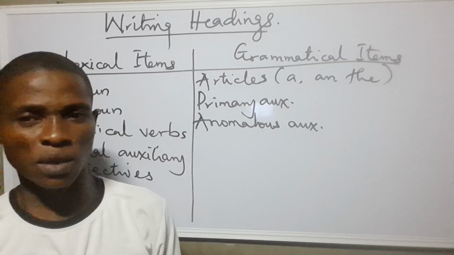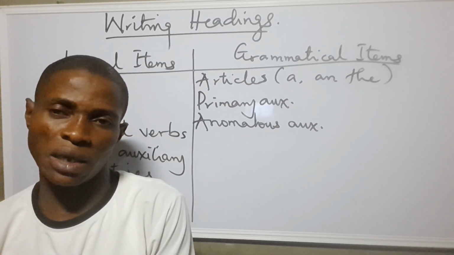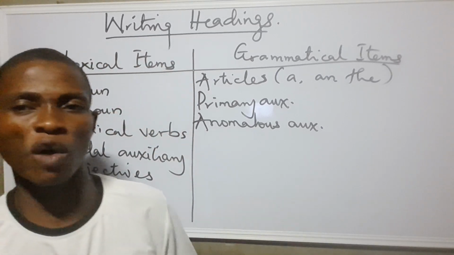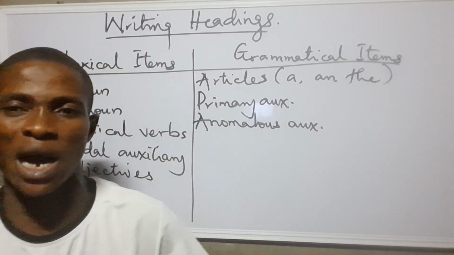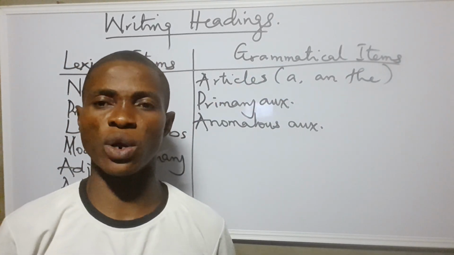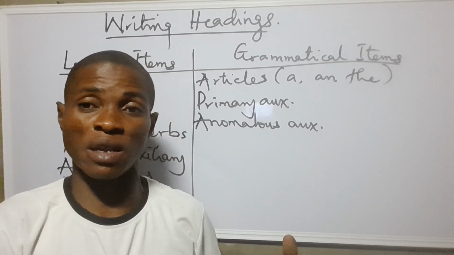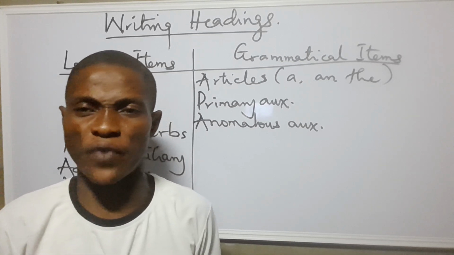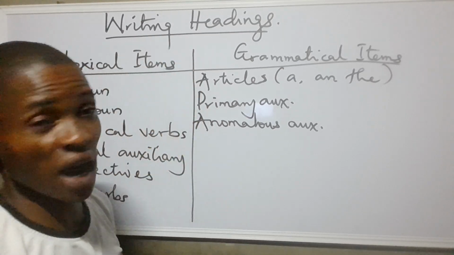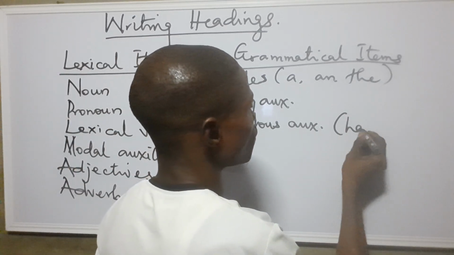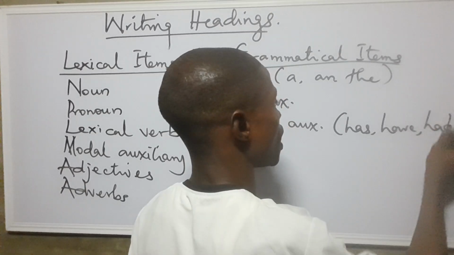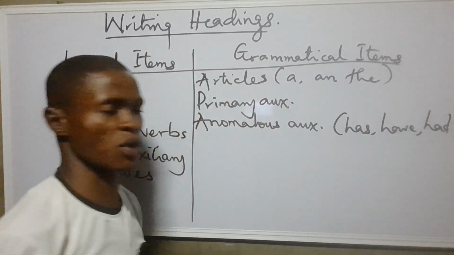They play the role of lexical verb when they serve as a possessor, but they play the role of grammatical item when they are acting as a marker of perfection. That's why we call them the verbs that we use to express perfect tense, an action that has already been completed. They are 3 in number. What are they? We have has, have, and had.